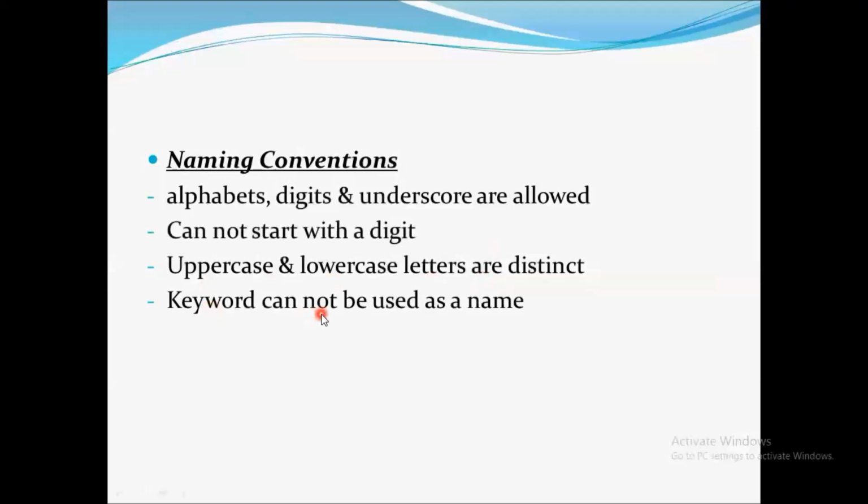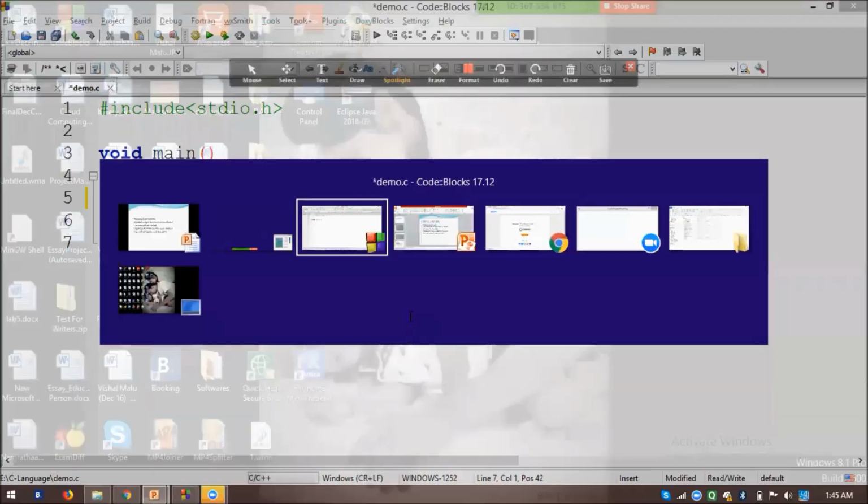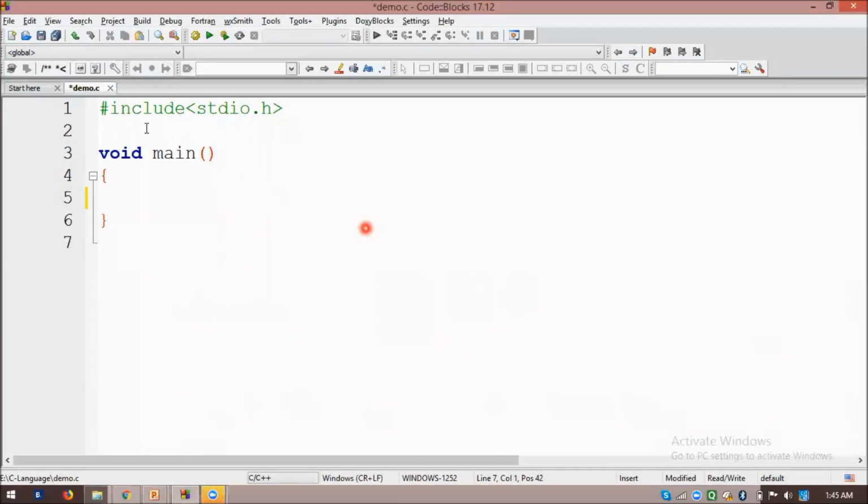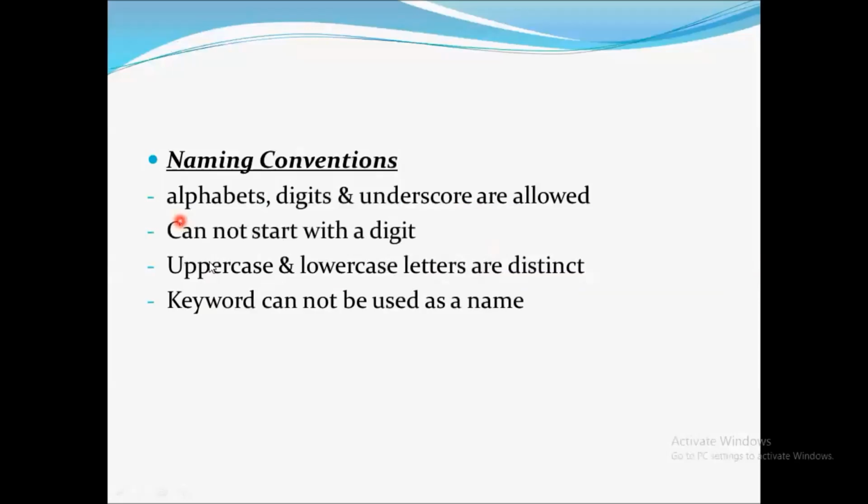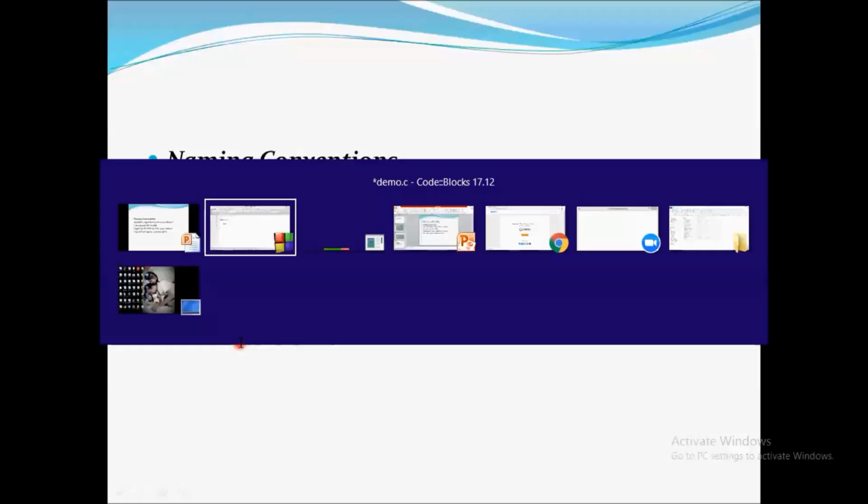And keywords cannot be used as a name. What are the keywords? If we look into the IDE, let's say void. You can see void turns blue. So this is a keyword. If you say int, it again became blue because it is a keyword. So there are a few keywords which are reserved by the C compiler that you cannot use as a variable name.